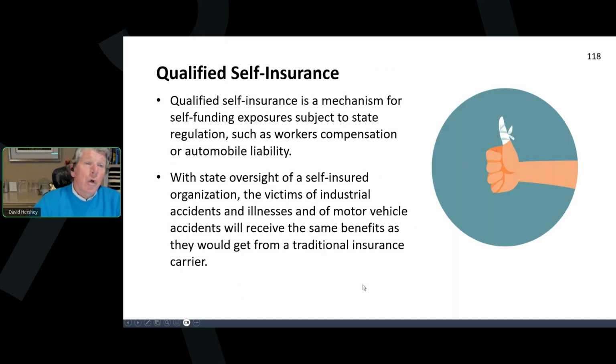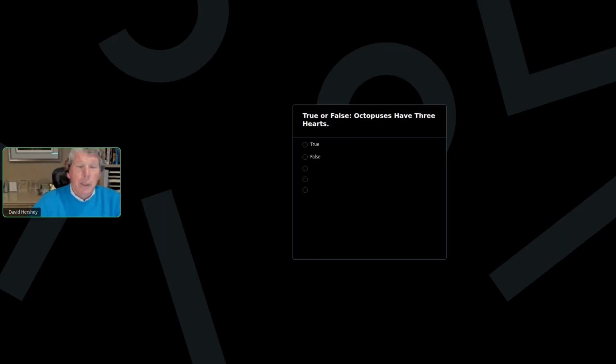Qualified self-insurance is a mechanism for self-funding exposures, subject to state regulation. That's key. With state oversight of a self-insured organization, the victims of industrial accidents and illnesses and of motor vehicle accidents will receive the same benefits as they would get from a traditional insurance carrier.